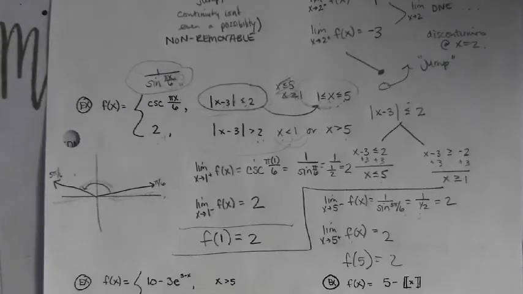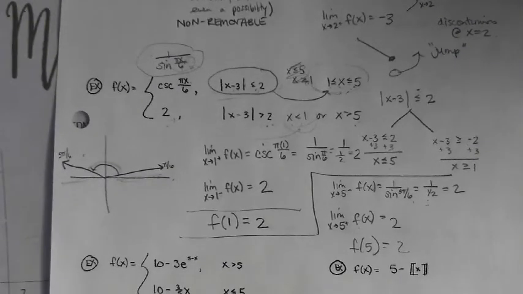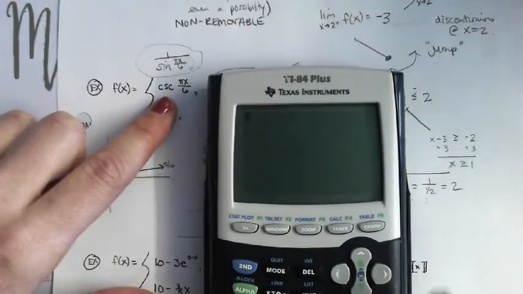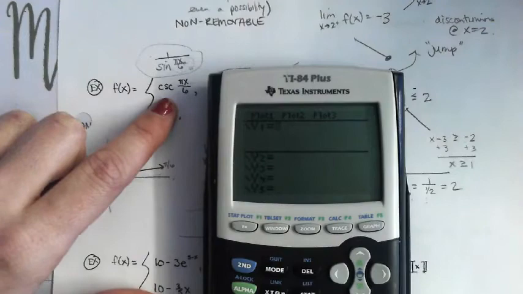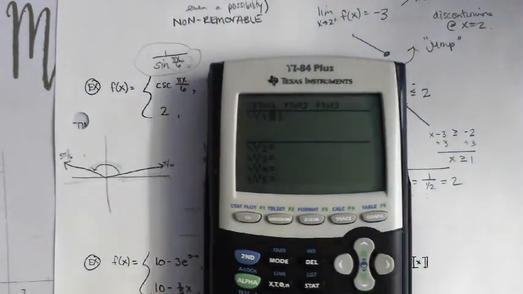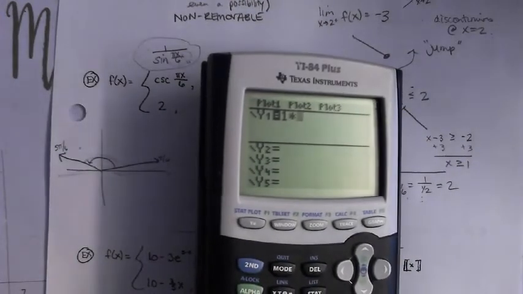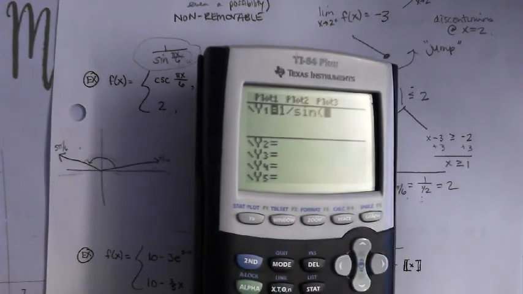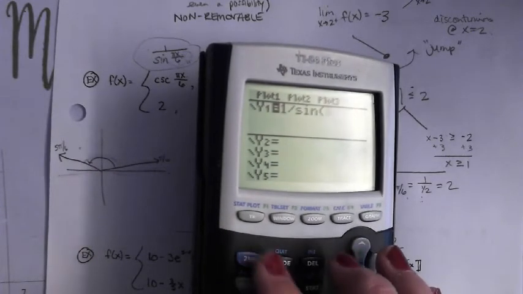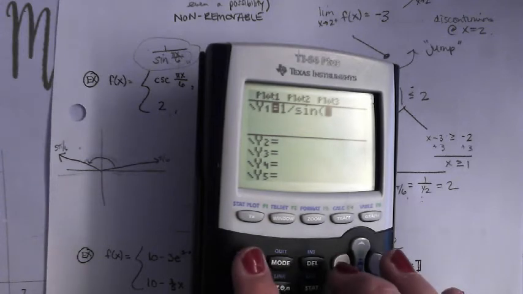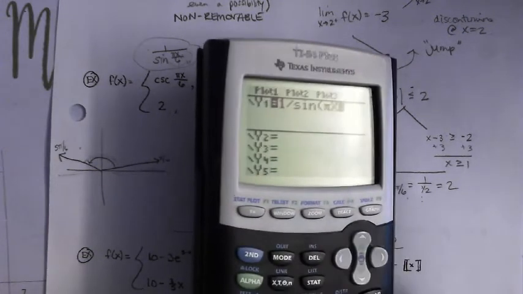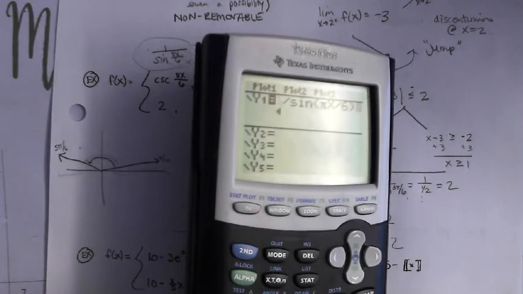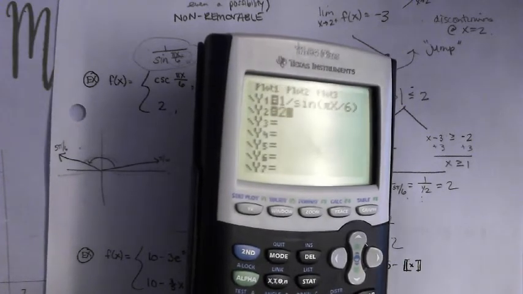Okay, now let's take a look at this function. I'm going to graph both of them. 1 over the sine of pi x over 6 and 2.